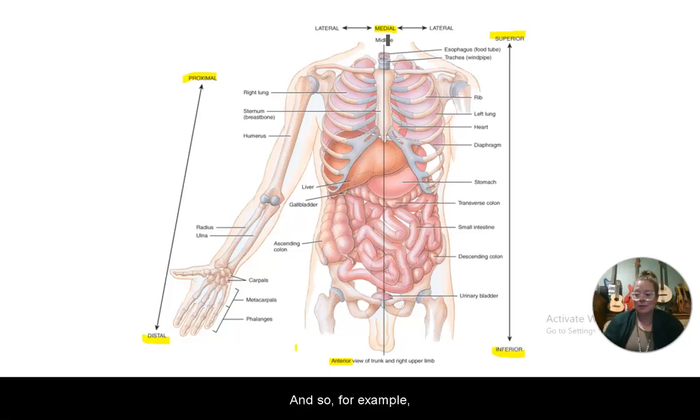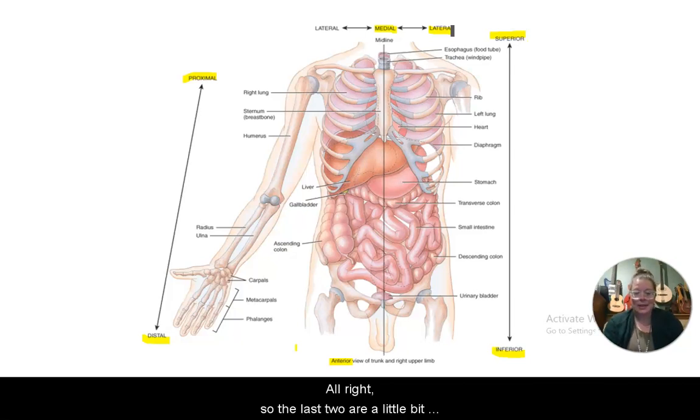For example, we could say that our nose is medial to our eyes because our nose is more towards the middle than our eyes are. And again, we can flip that around and say that the eyes are lateral to the nose. Hopefully you can see how these terms are utilized, and again, showing the opposites.